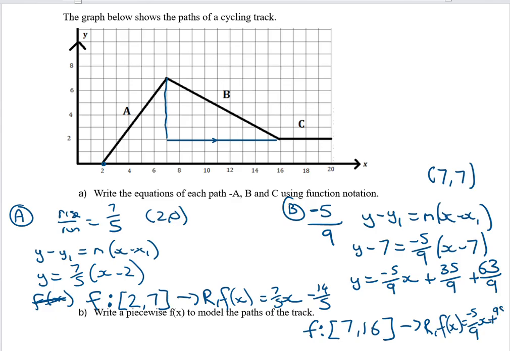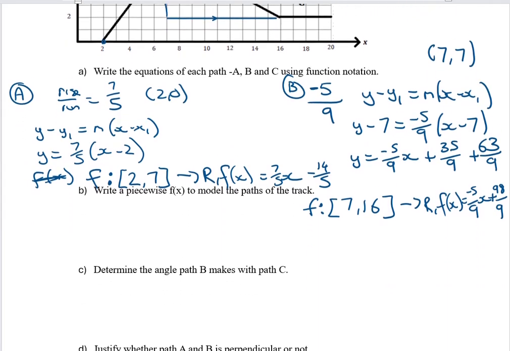So it'll be plus 98 over 9. That's my second equation. The third one, we know it says y equals 2, so we can do that straight away. My function is described by the domain of 16 to 20 for real numbers, f of x is equal to 2. So we've got all three of our equations now in function notation.